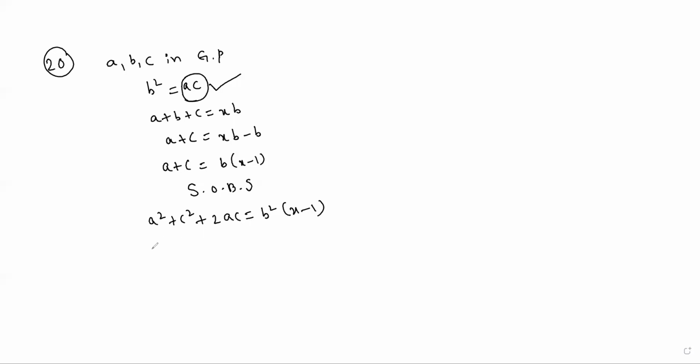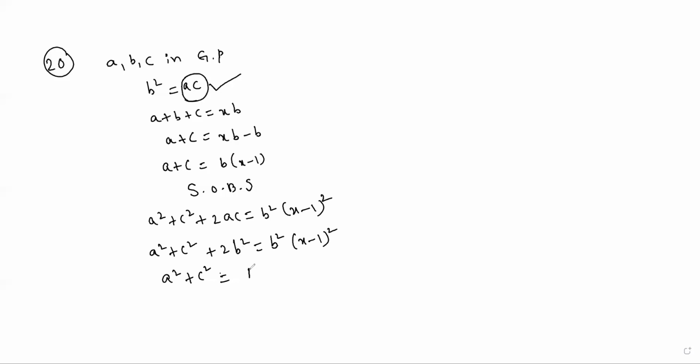Now from these terms, here A square plus C square plus 2AC, what is AC? Nothing but B square only. Now that is B square is equal to B square into X minus 1 whole square. This 2B square also send that side. A square plus C square is equal to, now this is whole square, sorry.